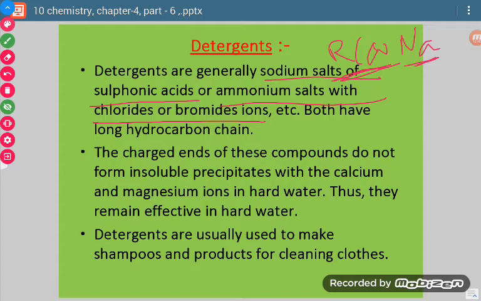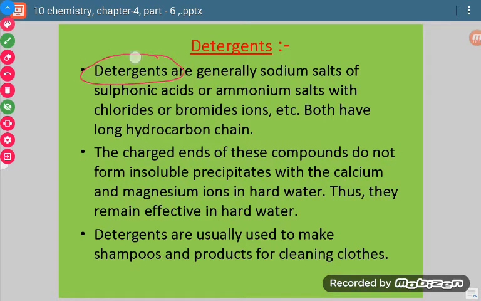Now here, if we take the sodium salt of sulfonic acid, the sulfonic acid group is SO3H, then if I take a sulfonic acid salt or an ammonium salt with chloride and bromide, that will be termed a detergent.